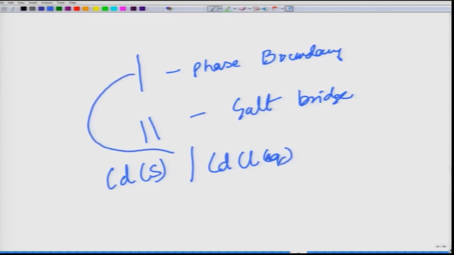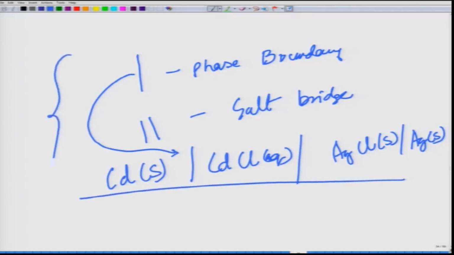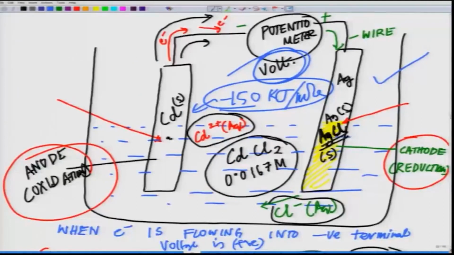This is the phase boundary between cadmium and cadmium chloride, and this is the electrode we talked about earlier, where you do not have any separation. You have the AgCl solid, Ag solid. So, this is where with a single electrolyte we could achieve it.